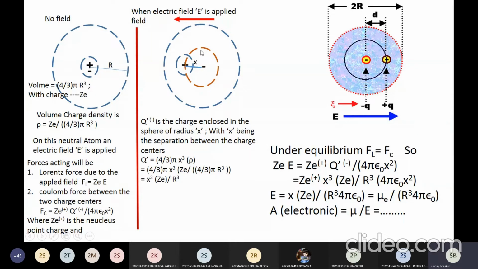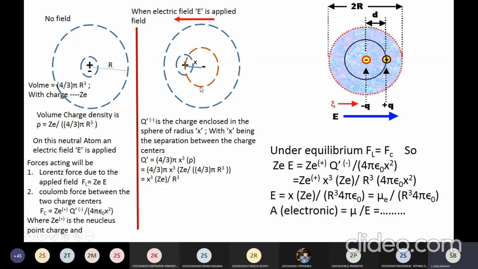The charge enclosed is nothing but the volume of this internal sphere times the charge density. The volume of the sphere is 4 by 3 pi x cube, and the charge density as you have calculated is Ze by 4 by 3 pi r cube. So this is the charge that is enclosed in this internal surface.